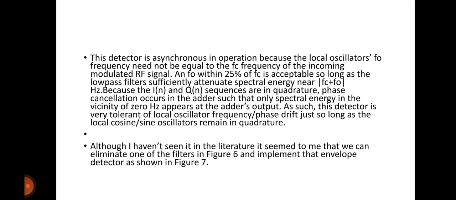This detector is asynchronous in operation because the local oscillator frequency need not be equal to the fc frequency of the incoming modulated RF signal, and an f0 within 25% of fc is acceptable as long as the low pass filter sufficiently attenuates spectral energy near fc plus f0 edges. Because the I(n) and Q(n) sequences are in quadrature, phase cancellation occurs in the adder such that only spectral energy in the vicinity of the zero edges appears at the adder's output.